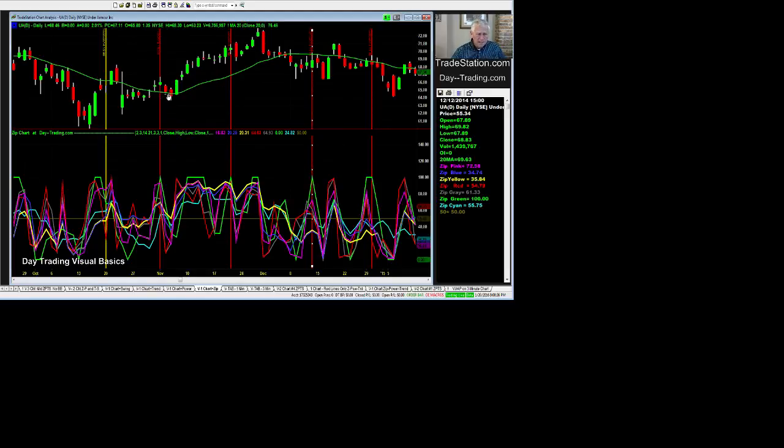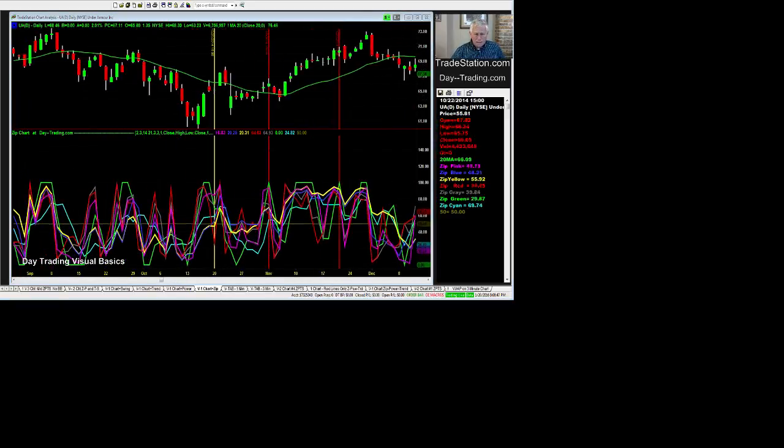So you got a nice gap down next day, and then another nice red candle the day after that. Now this yellow candle day is the day after the zip green was at 100 and it's dropping down.